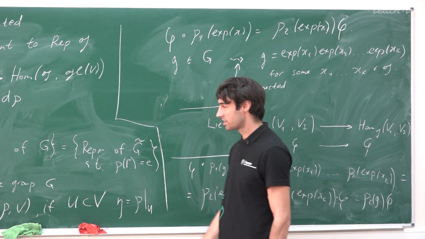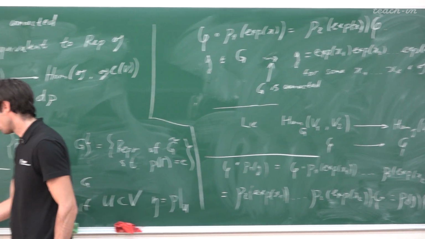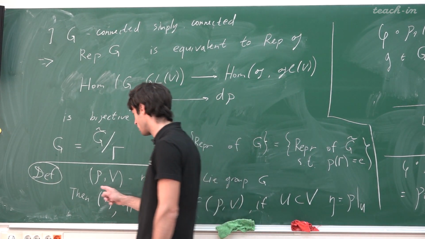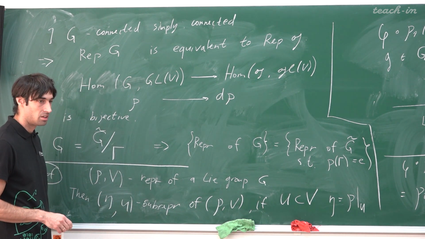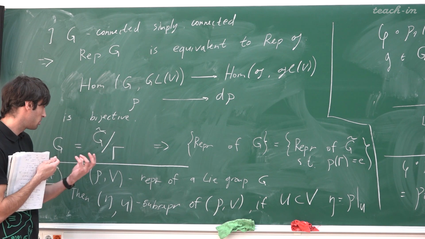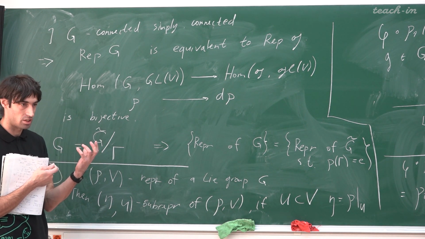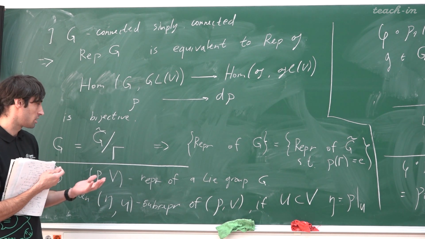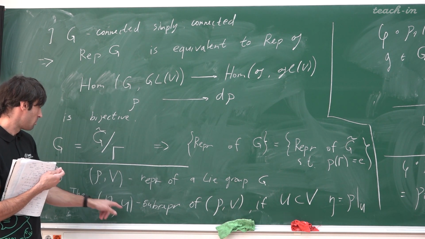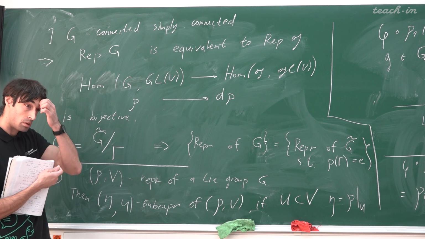I cannot restrict rho to just any subspace, right? I would like this subspace to be invariant with respect to the action. Then I can restrict. So in other words, a subrepresentation is a subspace of V which is invariant with respect to the action of the group.